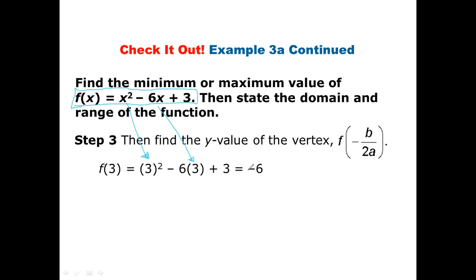So 3 squared is 9, minus 6 times 3 is 18, plus 3. Combining this, 9 minus 18 is negative 9.